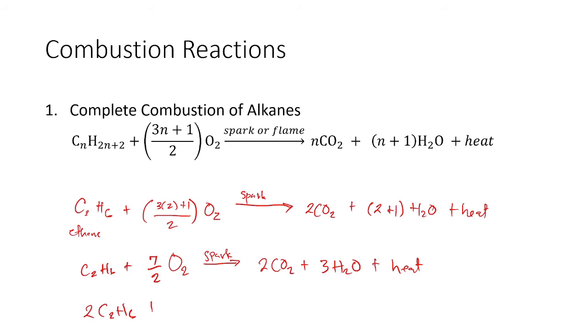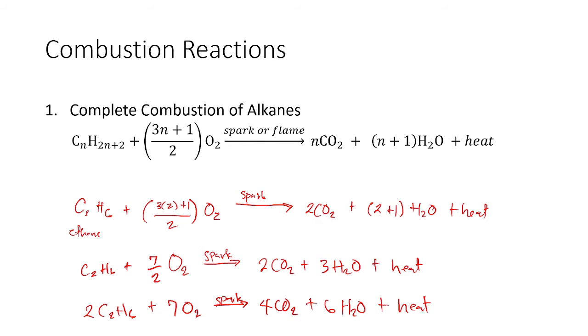So we have plus 7 moles of oxygen, spark, then we have 4 CO2 plus, times 2, that's 6 H2O. And again, we will not be quantifying the heat. So that is the complete combustion of alkanes.